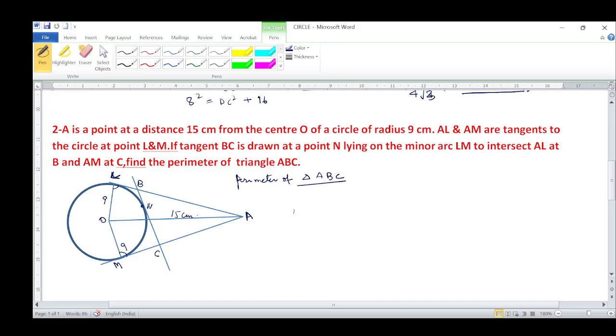So every line connecting to the circumference from the center has 90 degree with any tangent. So angle OLA is equal to angle OMA is equal to 90 degree as on a tangent. This is a very important thing which you have to remember.